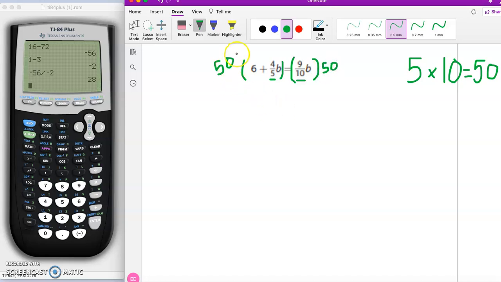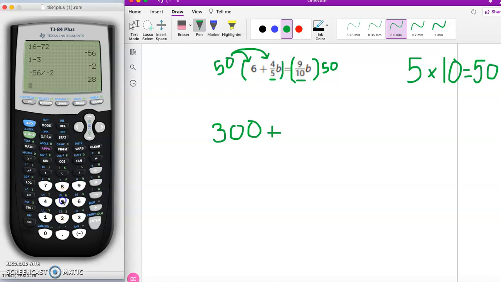Okay, so now I'm just going to, we call this distribute. I'm just going to multiply the 50 to both terms. 50 times 6, that's 300. Plus 50 times 4 over 5, well, let's use a calculator. 50 times 4 over 5 equals 40.